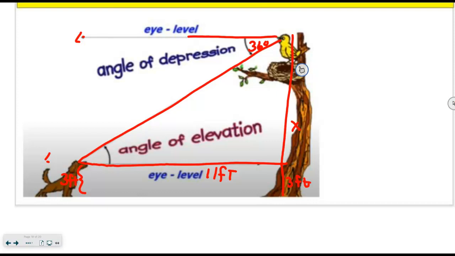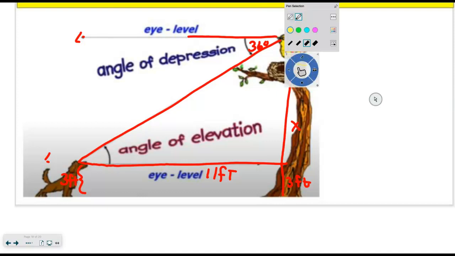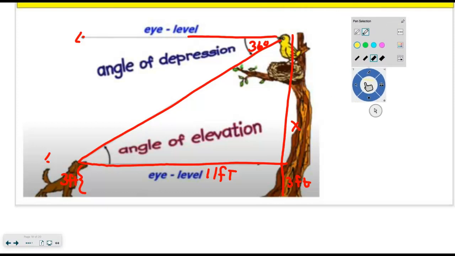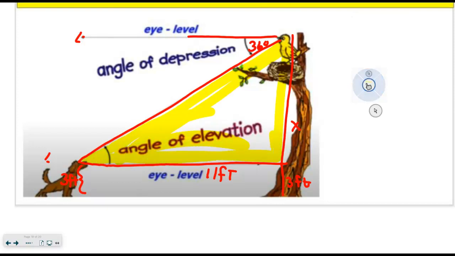Hang on just a second, I'm going to grab a highlighter here so you can focus on the right triangle that I want you to focus on. So my right triangle is right here. And notice that angle of depression is technically not in it. But what we do is we say, well, if it's 36 degrees for the angle of depression, then this angle of elevation is the same.